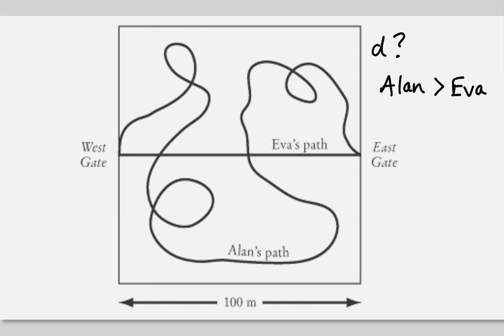If you stretched out Alan's line, it would be much farther than Eva's line. Now in terms of displacement, who traveled farther? They're equal, good, because they both had the same start point and end point. They've essentially displaced the same amount from the west gate. So it's the same displacement. Because in terms of position, they're both 100 meters east of the west gate at the end.